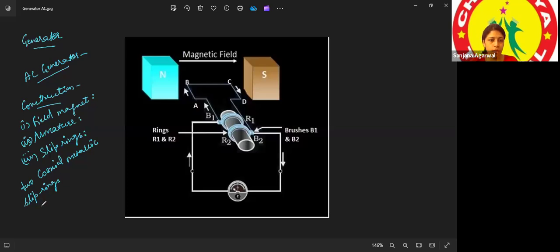And the last in construction is brushes. Two brushes, B1 and B2, made of carbon, press against the slip rings.